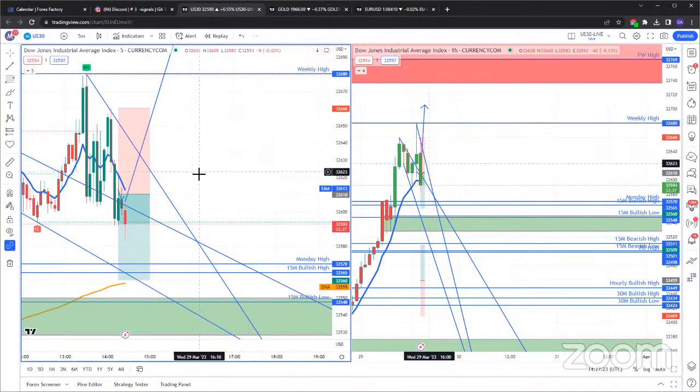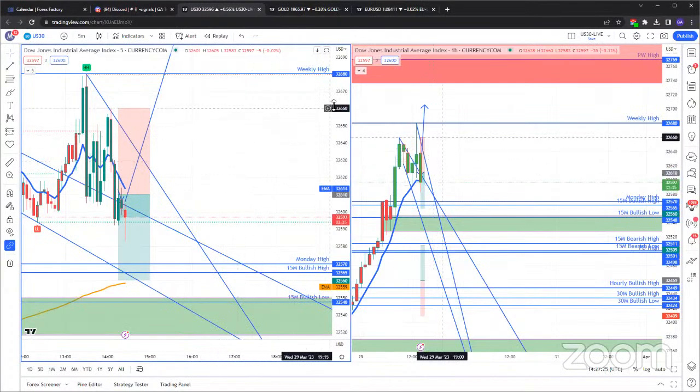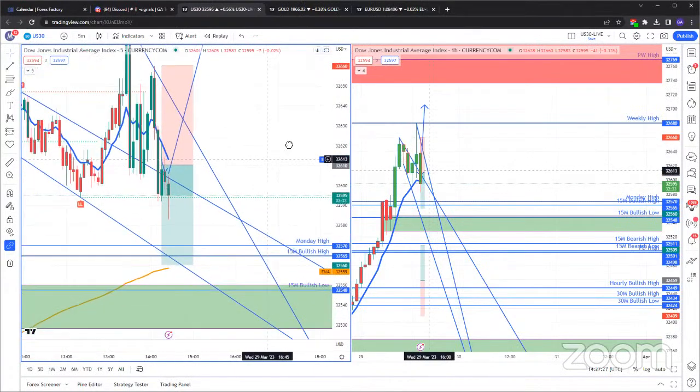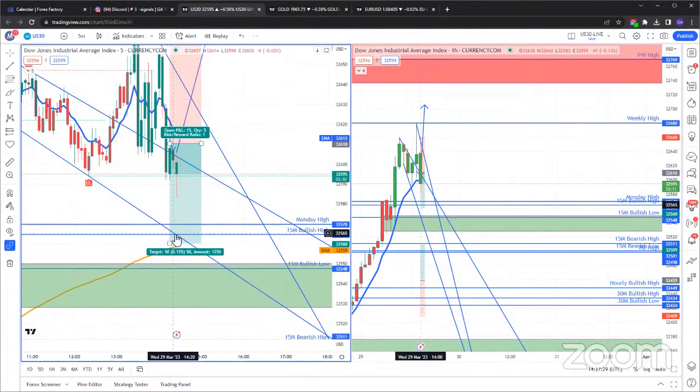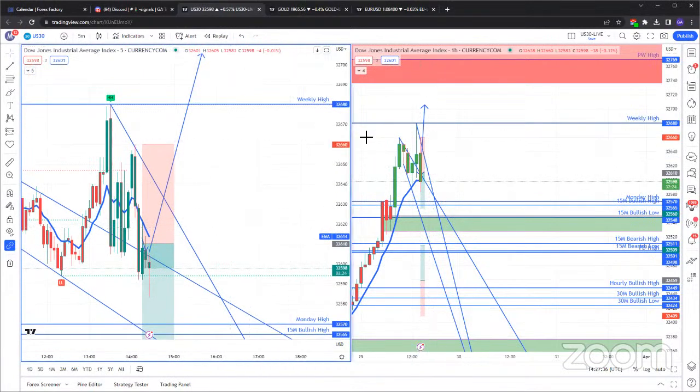And this might be the only trades that we get today, because if US 30 comes down to this zone, maybe it will go up for 10 or 20 pips, but I do see everything turning bearish. So I'm not sure it's worth catching the buy on US 30 here.